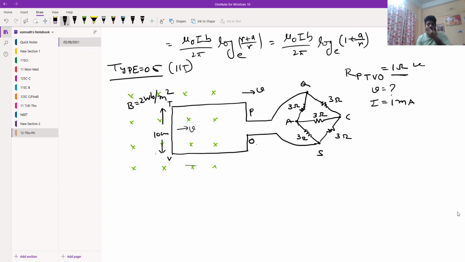Now see, if I try to find the second part first, as the loop is moving outside of the magnetic field, my flux is decreasing, yes or no?